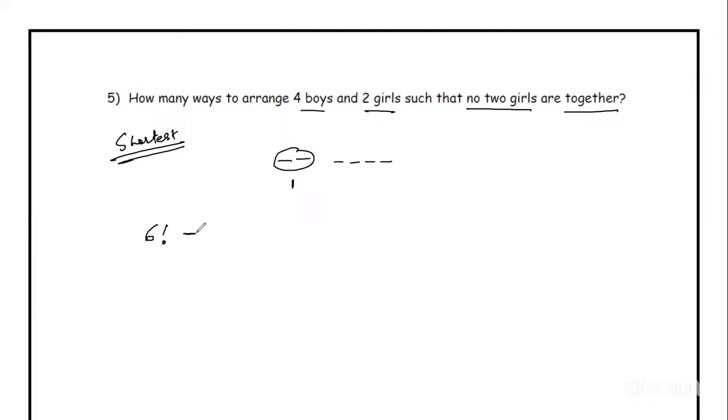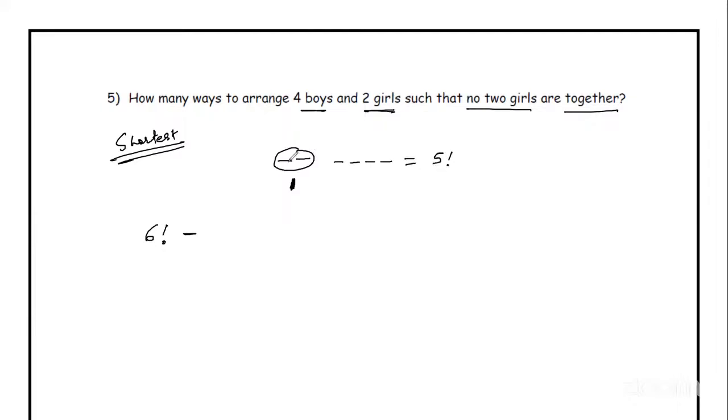We subtract it from 6 factorial because these 4 boys and 2 girls, that is 6 people, if we were to arrange them anyhow, without any restriction, without any condition, then there are 6 factorial ways to arrange them. However, when we put a restriction that the 2 girls should be together, then there is 1 dash here and 4 dashes here, so 5 factorial ways to arrange the 6 people so that the 2 girls are always together.